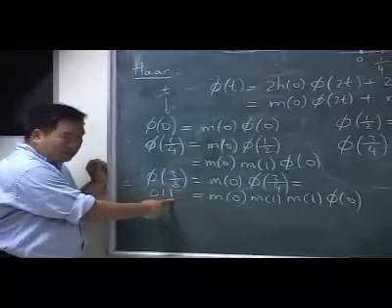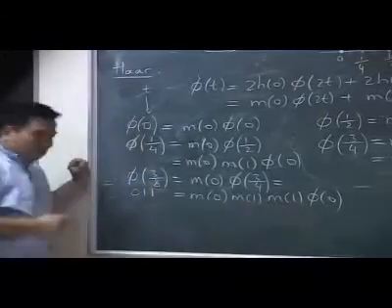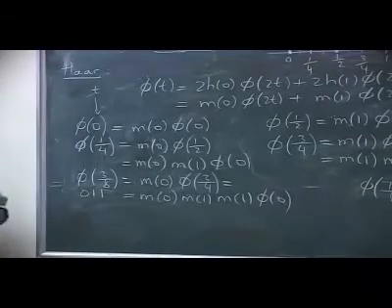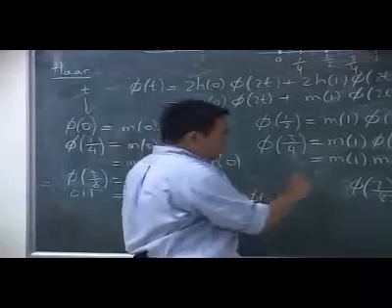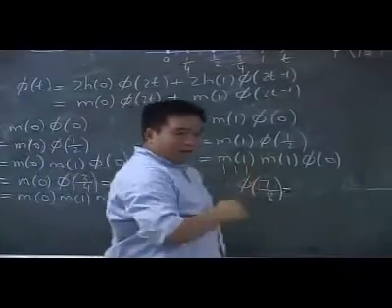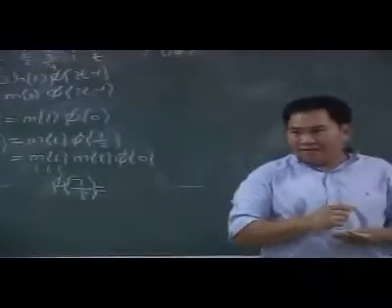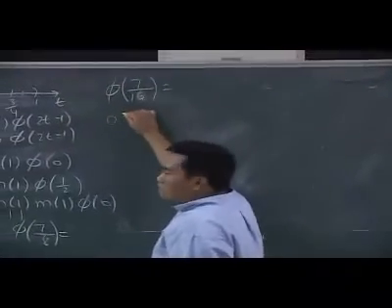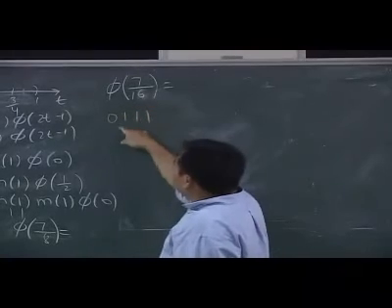That's 3/8, 0.011. Okay? What is 7/8 in binary? 0.111. So M1, and M1, and M1. What is 7/16 in binary? 0.0111. So M0 and M1, and M1, and M1.